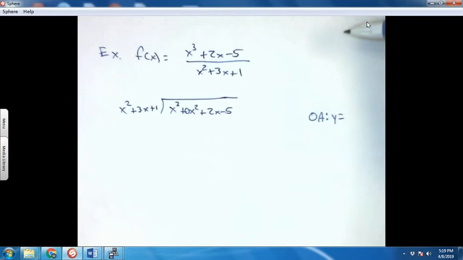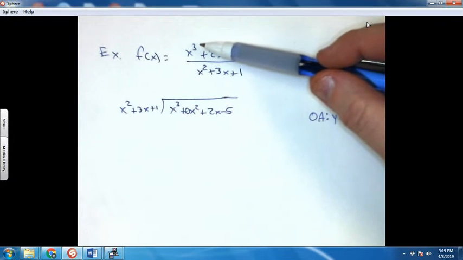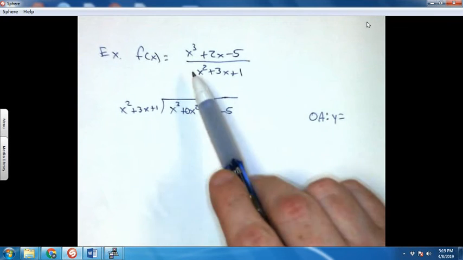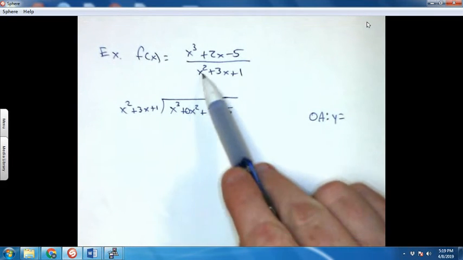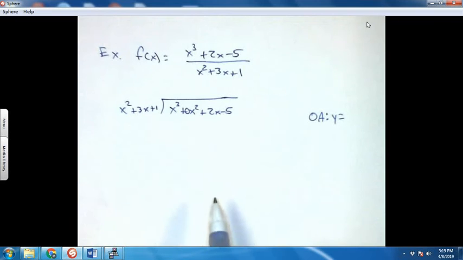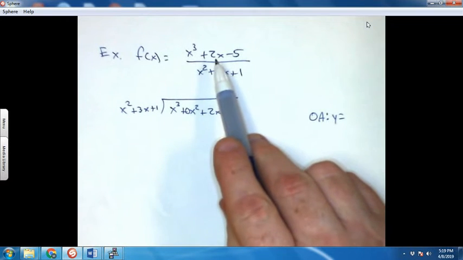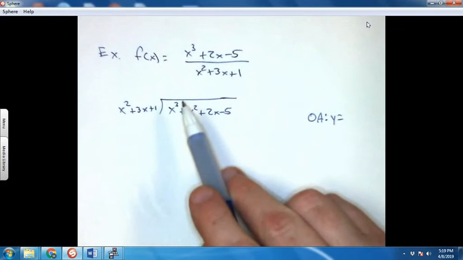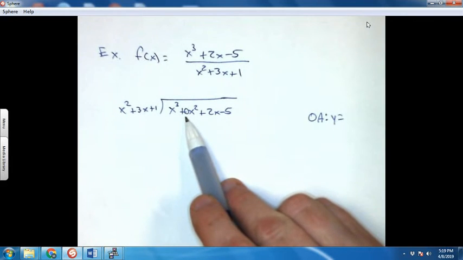All right. So you will notice here that still the top exponent's bigger than the bottom, x cubed, so I'm going to put the top inside the house, the bottom on the outside, and you'll notice that this does not have x squared, but this does. The reason is because I put a placeholder 0 in there.